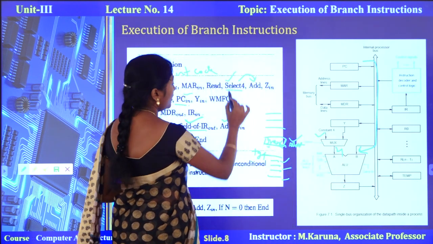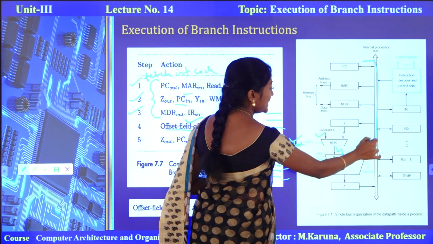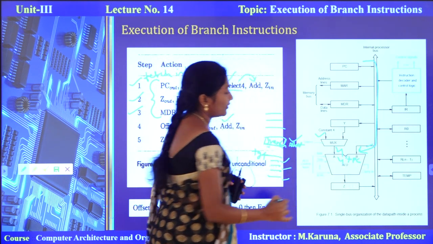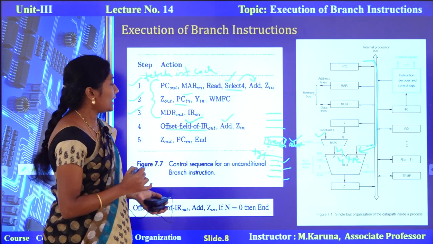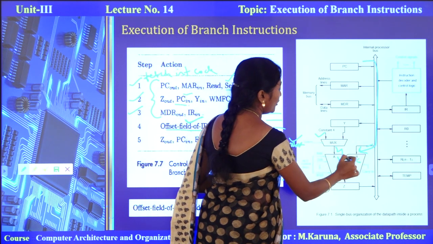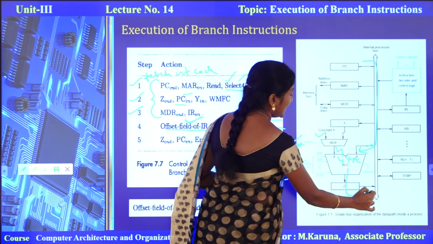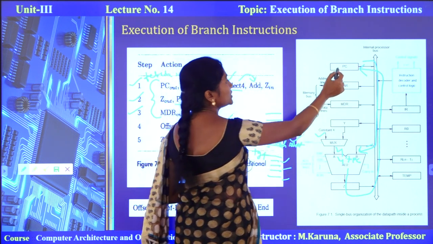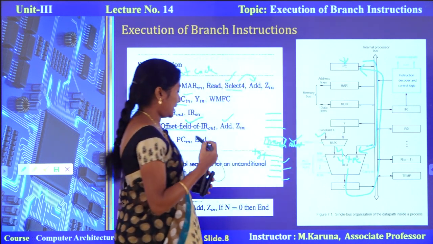So PC plus 4 will be computed. Simultaneously, PC is available and 4 is available, and after adding, the updated PC content is stored in the PC register.